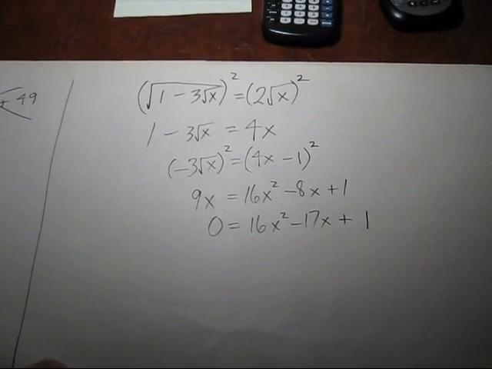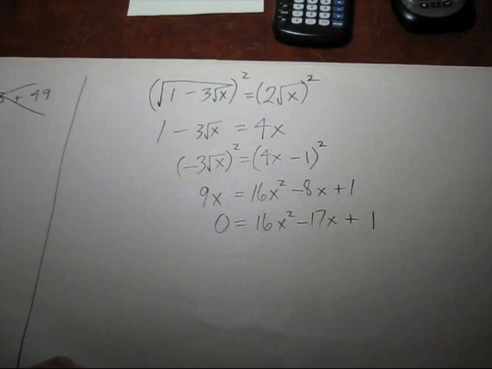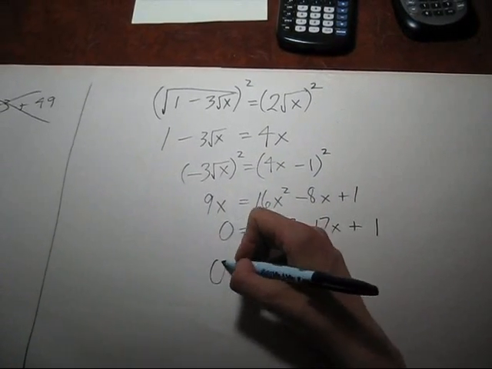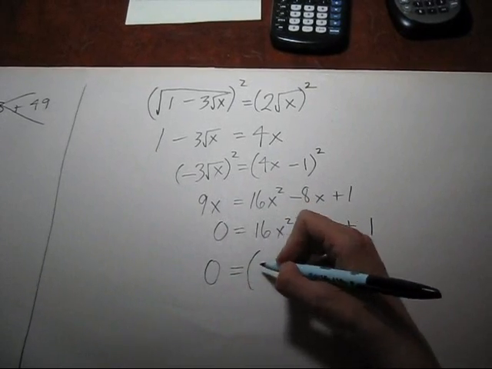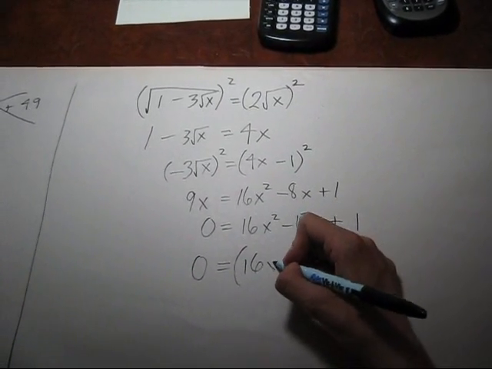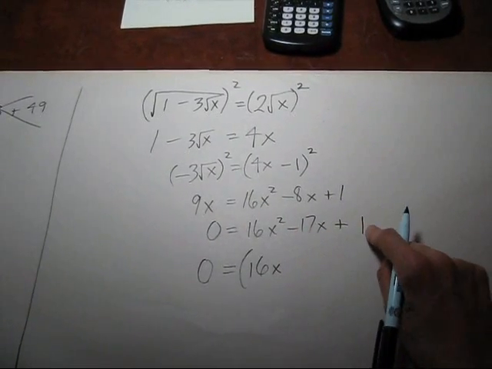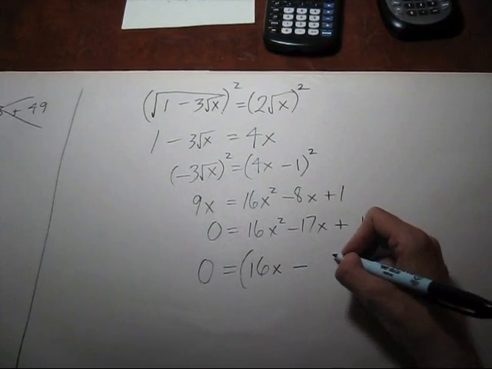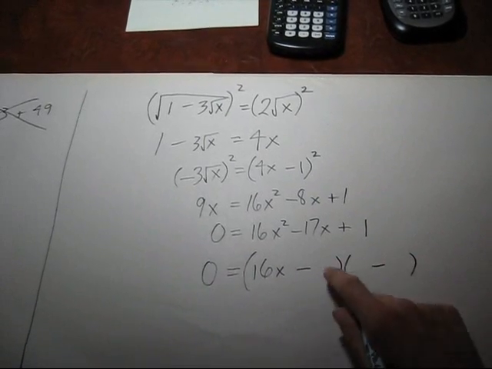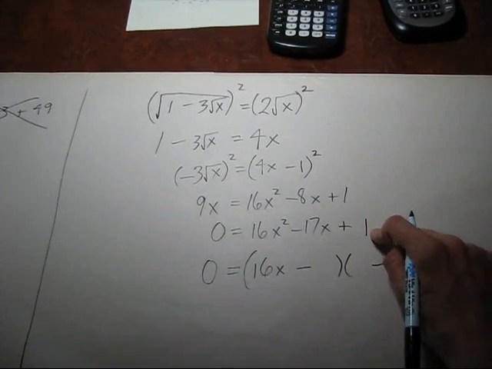Okay, it looks kind of nasty, like we might want to use the quadratic formula, but I made this problem up so I know it factors nicely. So we'll just go ahead and factor it. So we get 16x. Okay, there's a minus in the middle, but this is a plus, so we have a minus on both of them. What multiplies together to be 1?